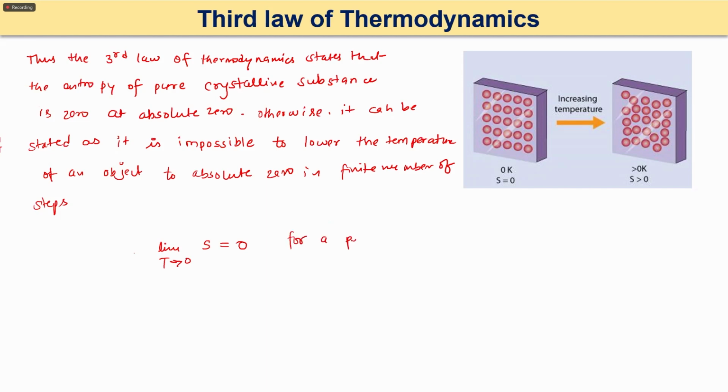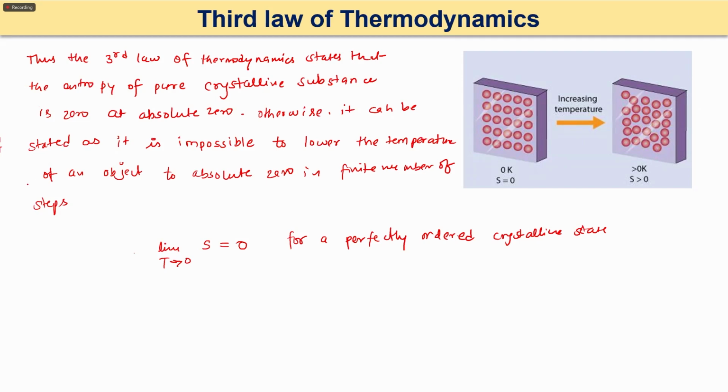For a perfectly ordered crystalline state, your S is equal to zero, that is entropy is zero when T tends to 0 Kelvin. Crystals with defects, that is imperfect crystals, have entropy greater than zero, because they have defects.